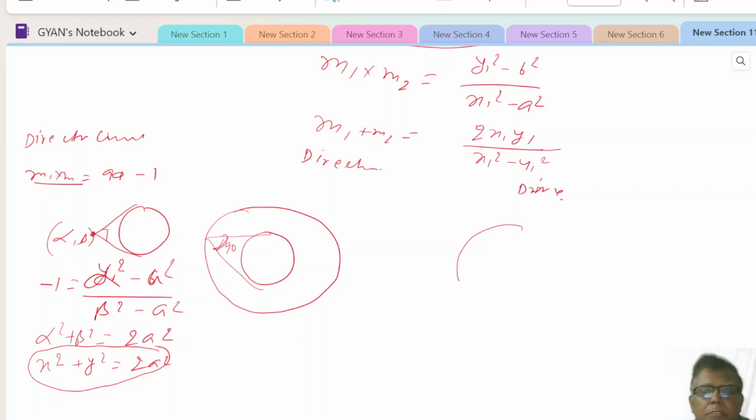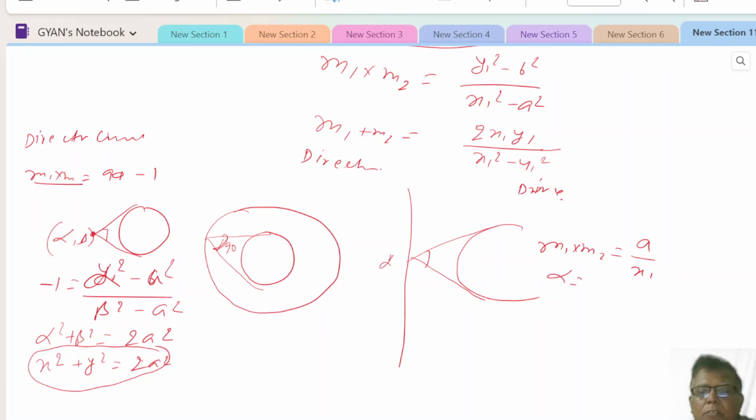Here, for the ellipse, if this is the 90 degree, then the locus of this will give you a straight line, and this is called directrix. So here you see m1 into m2 is equal to minus 1, so this is passing through alpha, beta.